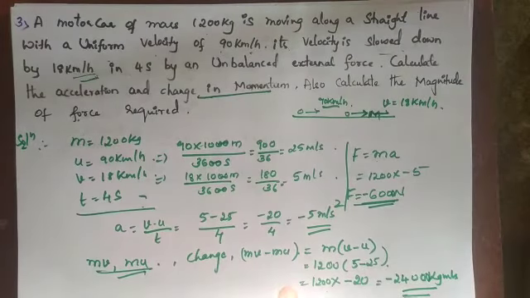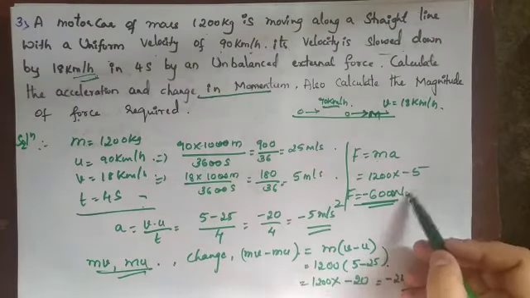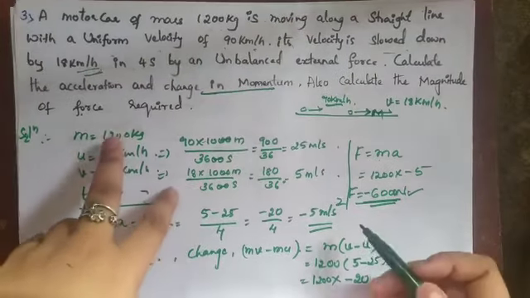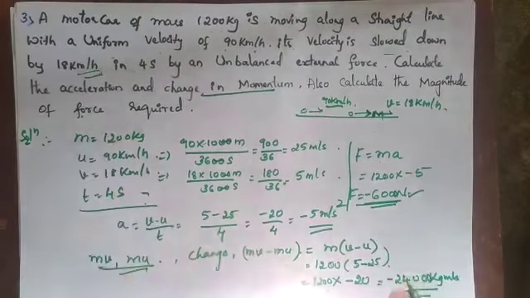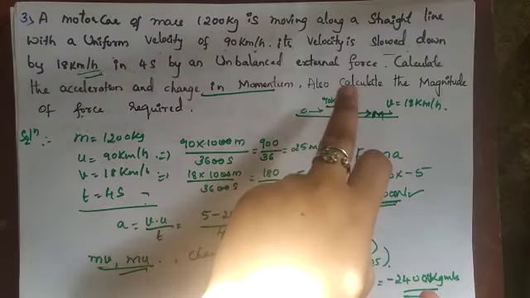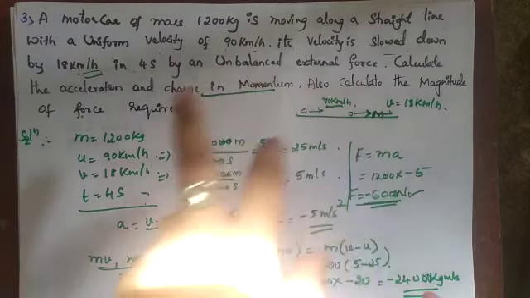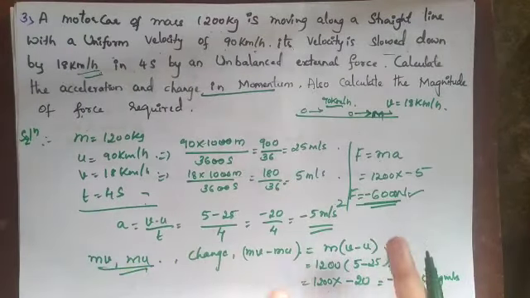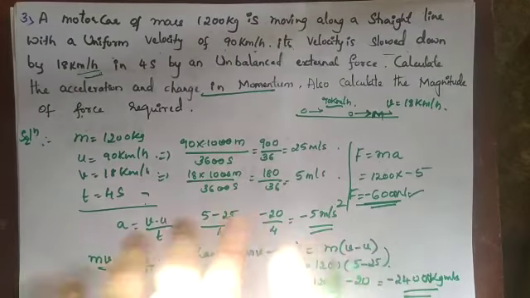At last you have to conclude. The force is minus 6000 Newton, a negative value. Magnitude of the force required is asked. In this case you can say that the force is acting in the opposite direction. If the question is to calculate the force required, you can see the force is in the opposite direction.